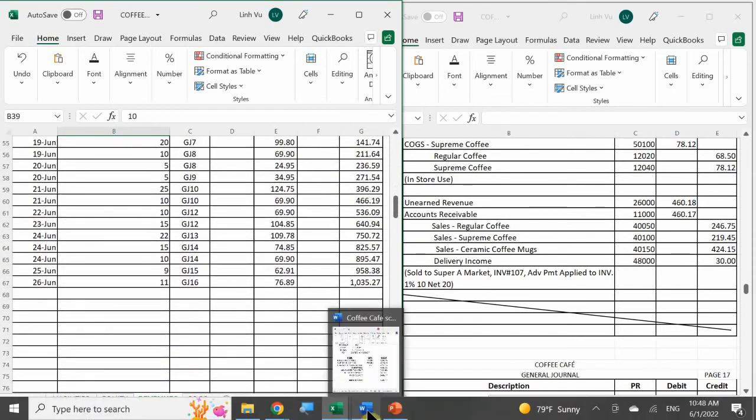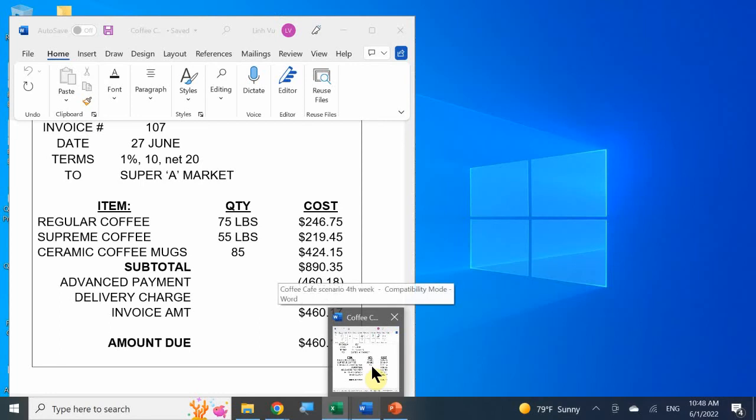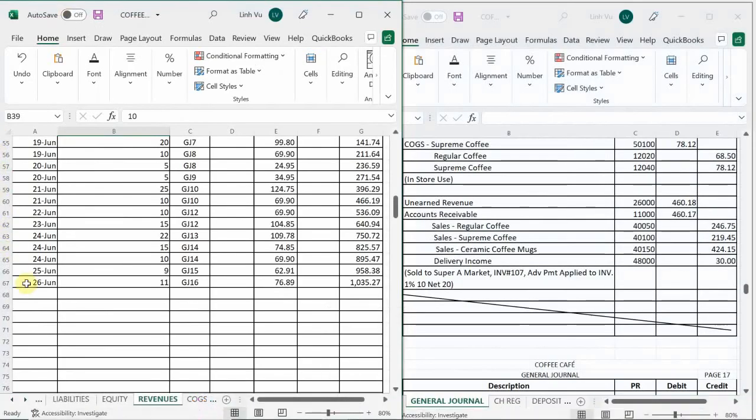How many coffee mugs did we sell? We sold a total of 85 coffee mugs at a grand total of $424.15. Okay. Which should have given you a grand total of $1,459.42. Okay.